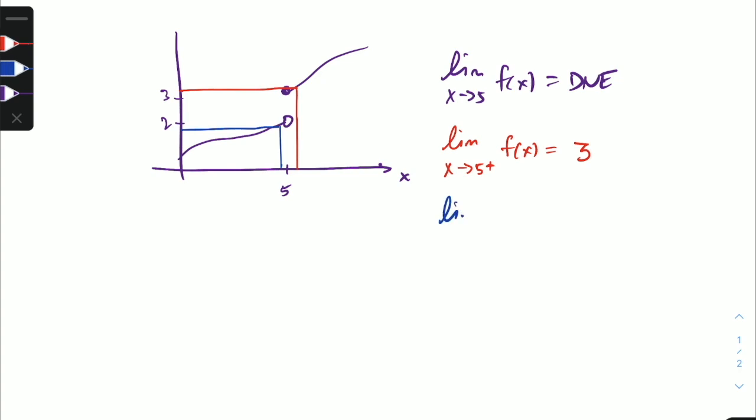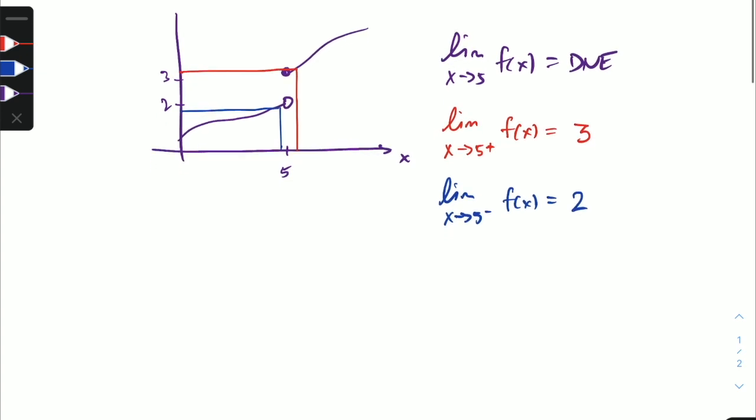And if we approach 5 from below, from the left, 5 superscript minus, then we're going to have outputs that approach 2. And this is the idea behind right and left limits.